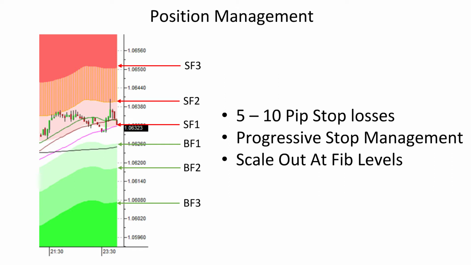And when the trade is moving in our favor, we are constantly removing the risk by closing our stop loss. So oftentimes I'll get into a trade, I'll put a 7 pip stop in. The trade will work out in my favor.